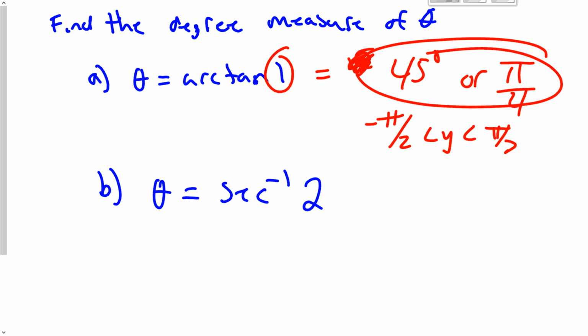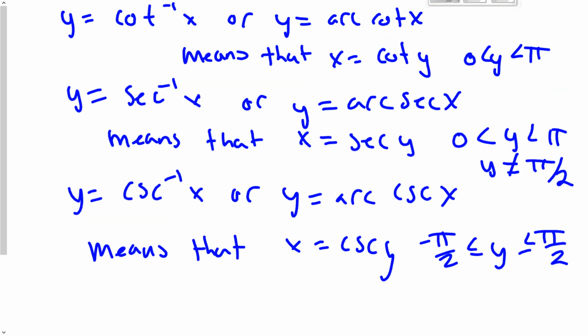Now the secant one is a little bit different. Here we can look at the inverse secant. So here's inverse cotangent, inverse secant, inverse cosecant. Inverse cotangent is arccotangent, and that range is from 0 to pi, with vertical asymptotes between.